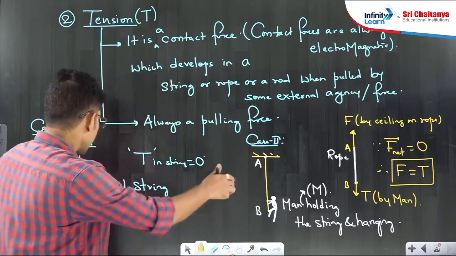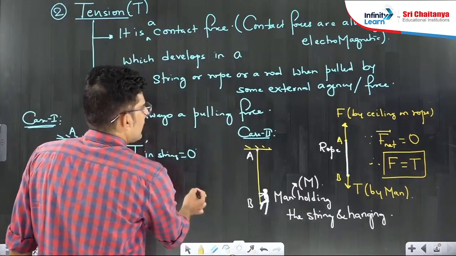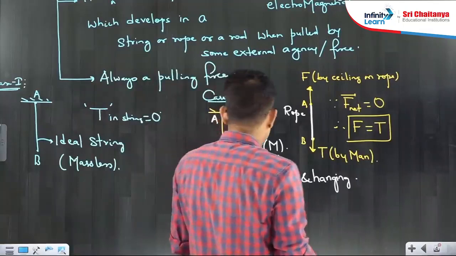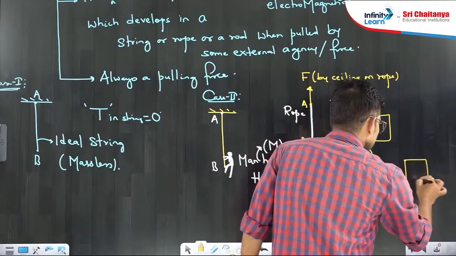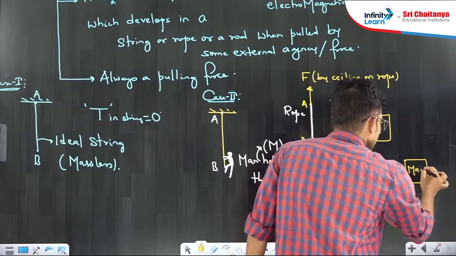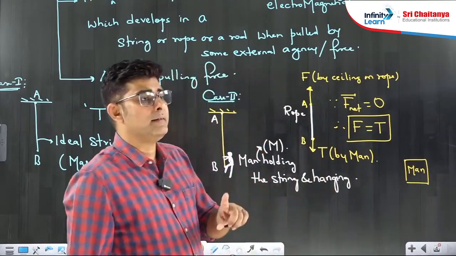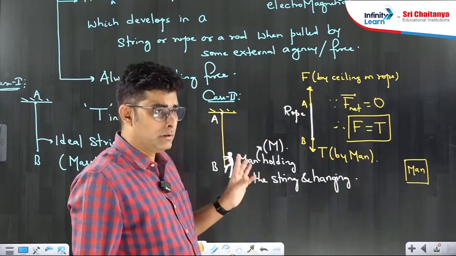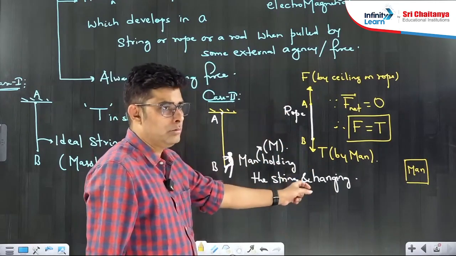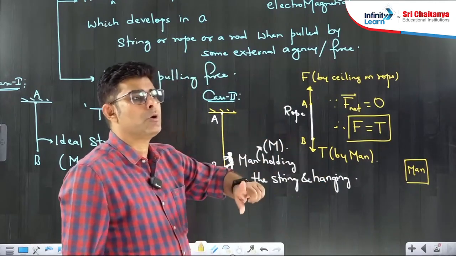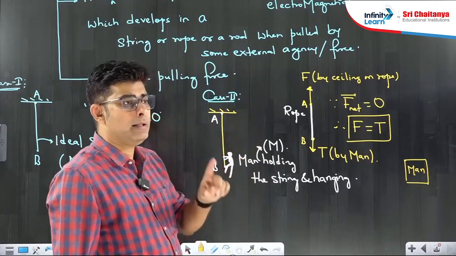Now, when this happens, if I now see the man, every force has equal and opposite reaction. So man pulled the rope down by T. Then what force will the rope exert on the man with direction?